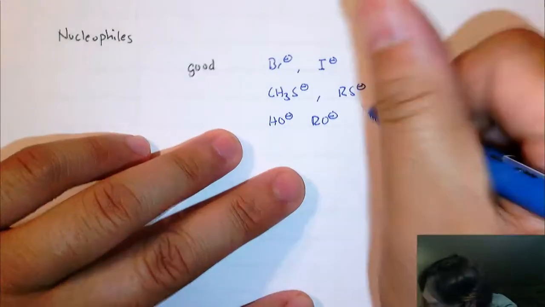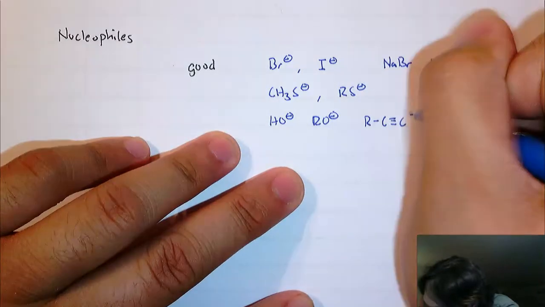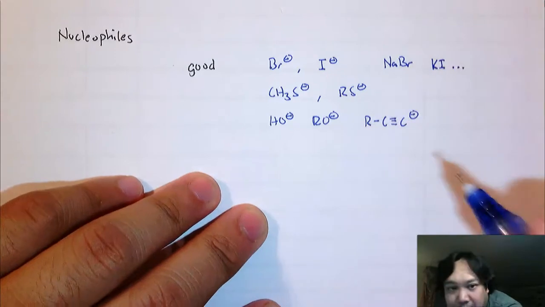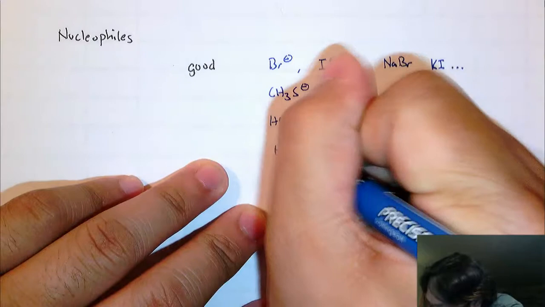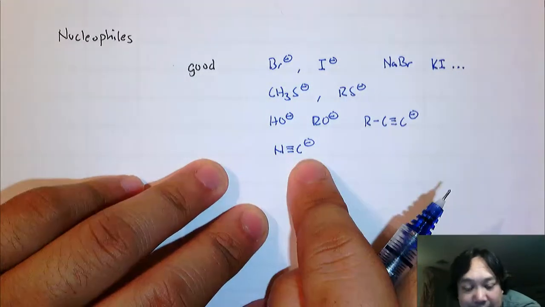We saw this one, the triple bond anion. In the previous video, we saw nitrile. I'll draw it this way. Maybe we should know that it's the carbon that's negative, not the nitrogen.